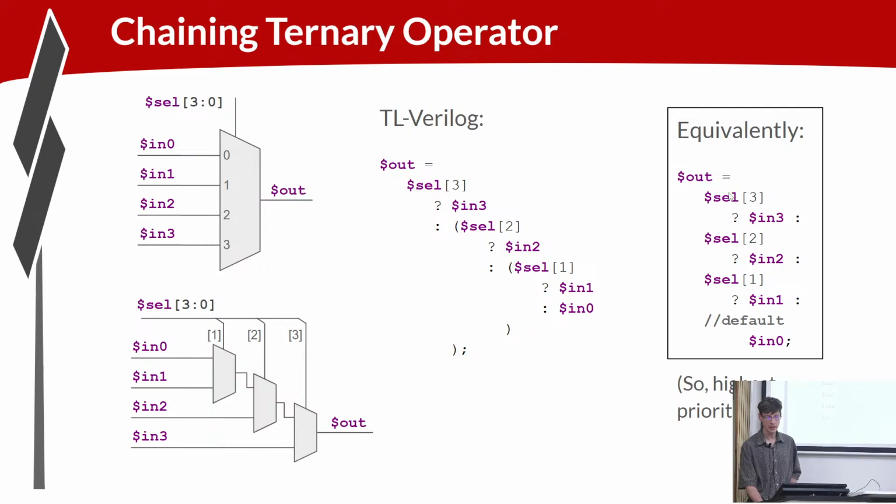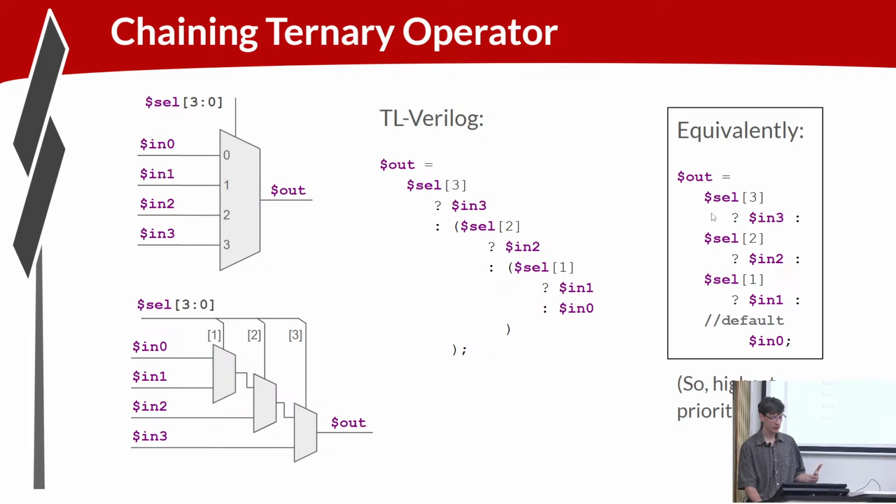So we can line up this expression like this, where it's much easier to say, okay, I've got these 3 select cases and a default case, and those are selecting from these 4 possible inputs, right? So we're going to use this formatting for our multiplexers everywhere throughout this course.